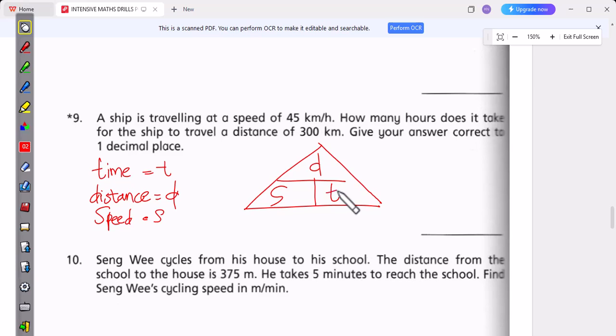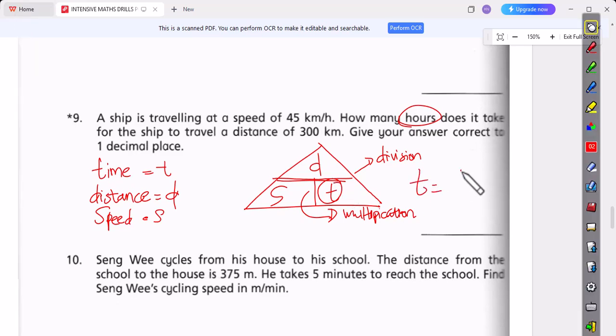So how to use this formula? From this triangle, the horizontal line stands for division, and the vertical line stands for multiplication. So if the story asks for hours, which is t, then t equals d, which is distance, over speed, because this is division.